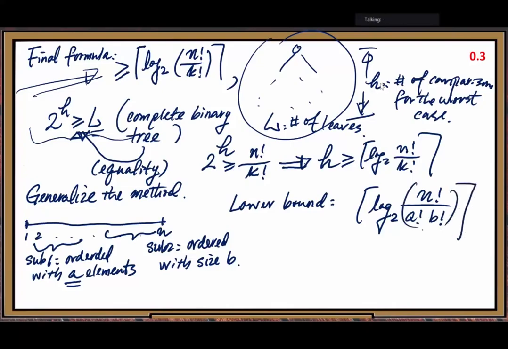That's the lower bound. For 3 ordered subarrays or more, you can use this way. The idea is clear. We can use the same analysis.